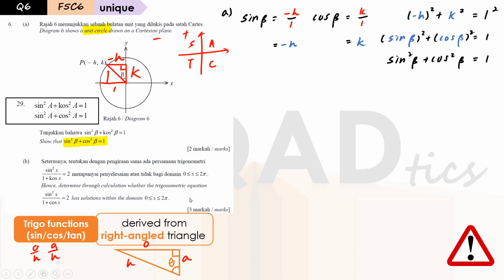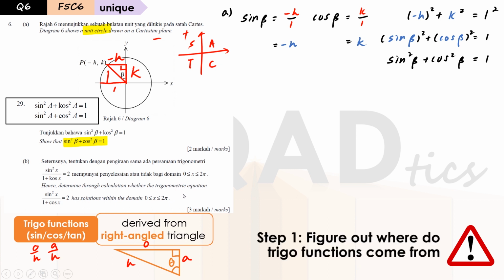Let me recap what we did in part A. The first thing is, where do sine, cos and tan come from? That's the first question we need to ask ourselves. They come from the right angle triangle, so we draw this right angle triangle and figure out the lengths of all three sides.